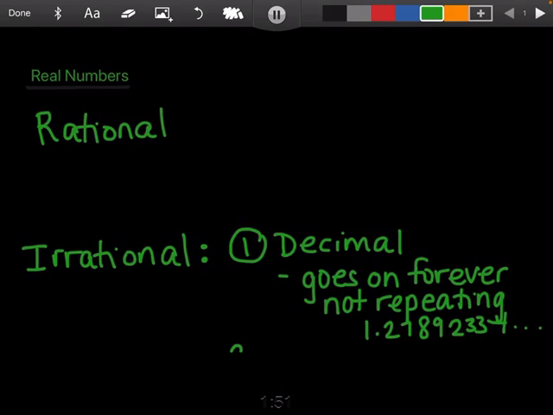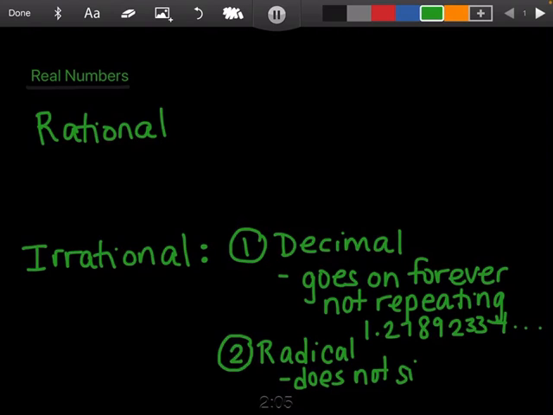And then the second type is a radical that doesn't reduce. A radical is something like a square root or a cube root, and it does not simplify to a whole number. An example would be something like the square root of 10.